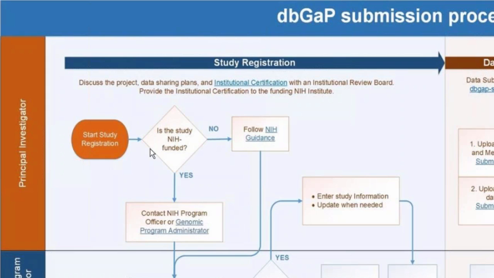If the study data was not produced by NIH funds, then you want to go to this link here and follow NIH guidance. But this process really is a way for a GPA at an IC to sponsor the non-NIH funded studies and connect these PIs with the GPAs when appropriate. And it's up to the ICs to decide whether that is or not.